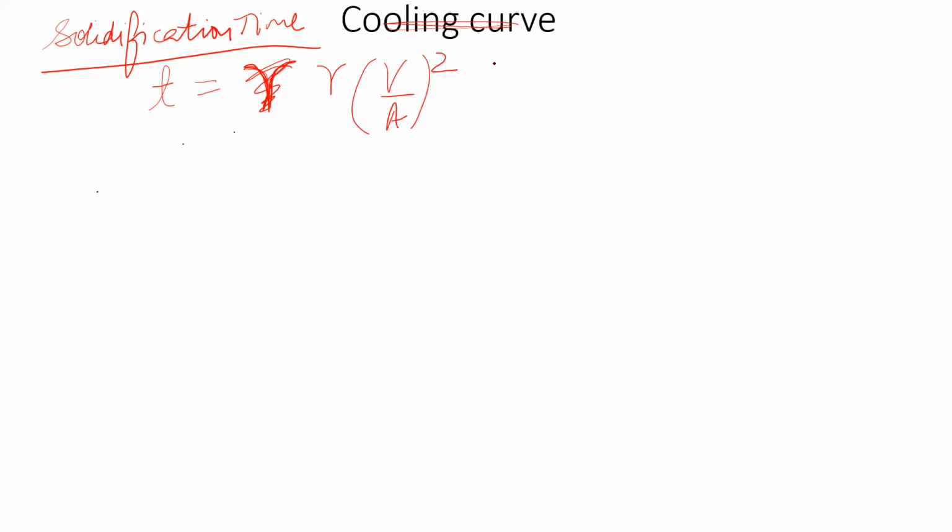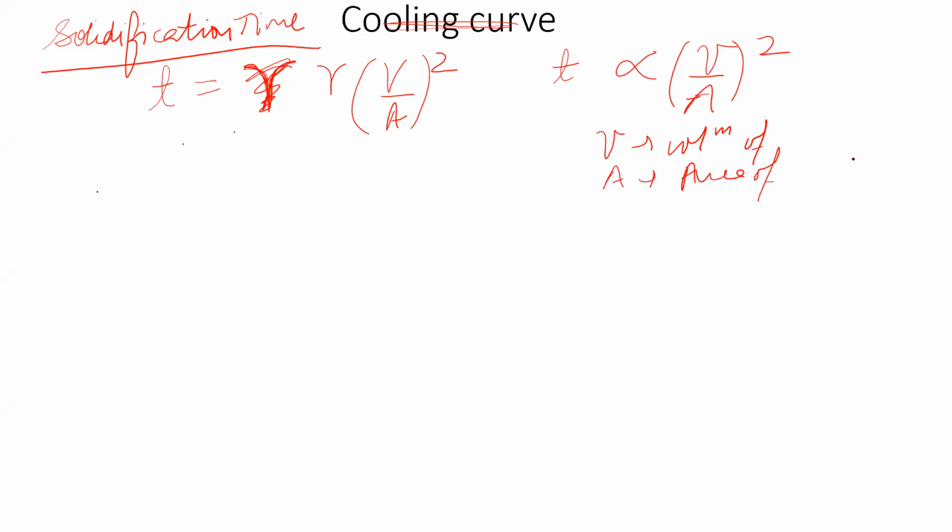So solidification time is directly proportional to V by A whole square. V is volume and A is area, which can be the area of casting or riser or anything. This is the base. And gamma is a constant, the solidification constant.